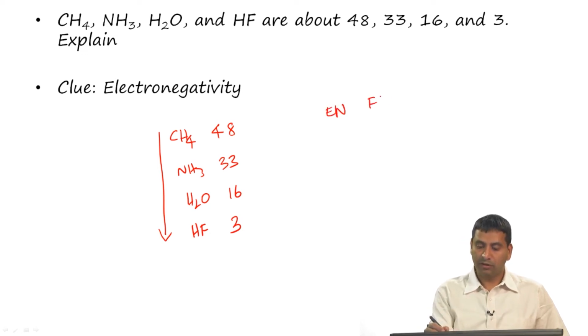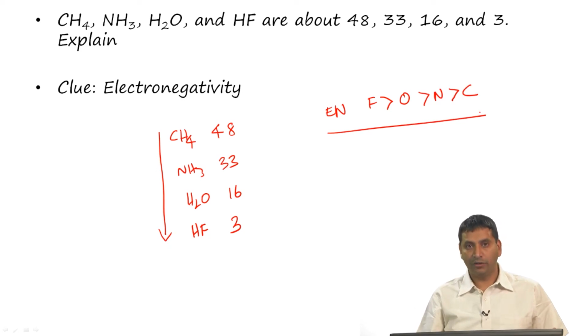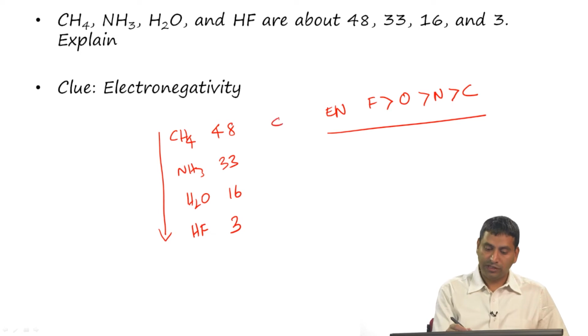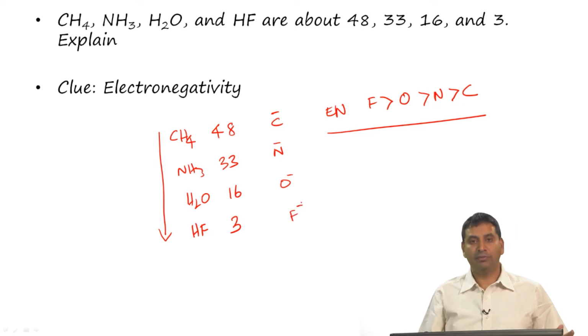Therefore, you can understand that the negative charge that is formed on the element, that is C minus, N minus, O minus and F minus, F minus is stabilized far more compared to O minus, which is in turn far more stable than N minus and C minus. So, this trend in pKa can be explained by invoking electronegativity.